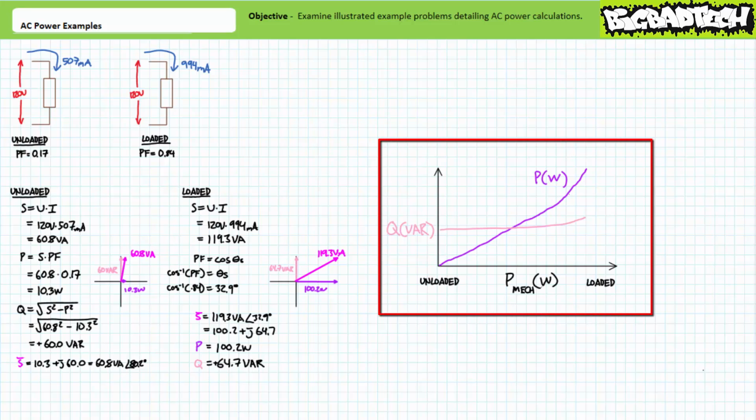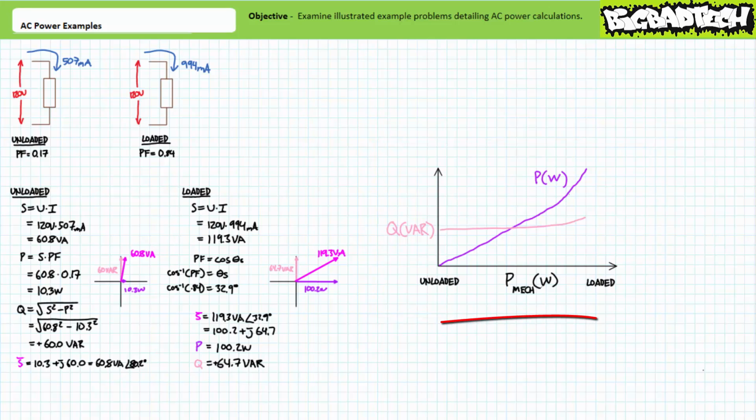A plot of real and reactive power input on the vertical axis as a function of mechanical power output on the horizontal axis illustrates this behavior quite succinctly. As mechanical power requirement, i.e. doing real labor, increases, the reactive power requirement remains relatively constant for the entire range, whereas real power consumption almost linearly increases.